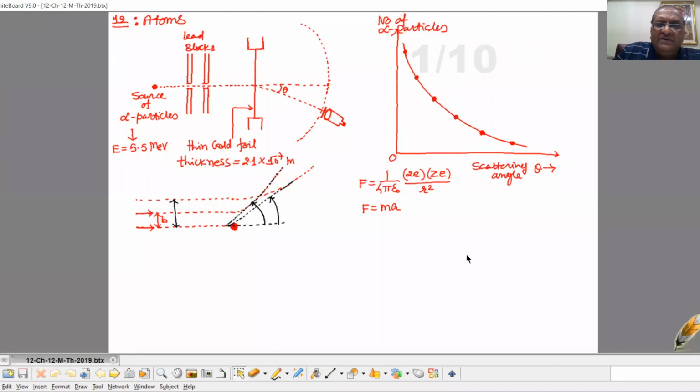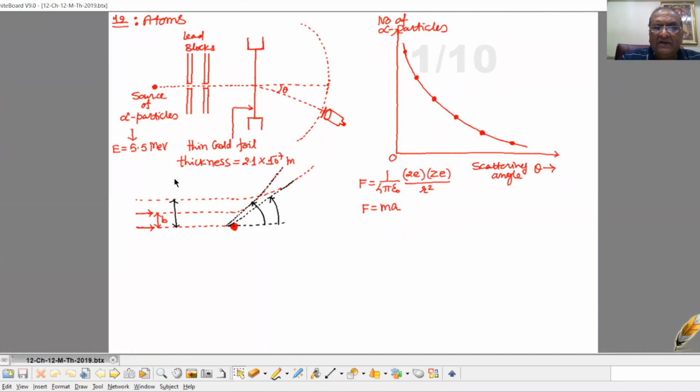Now here the schematic diagram of the experimental arrangement is represented in this figure. This one is the source of alpha particles. Actually that particular source is Bi83, that element emits the alpha particles.